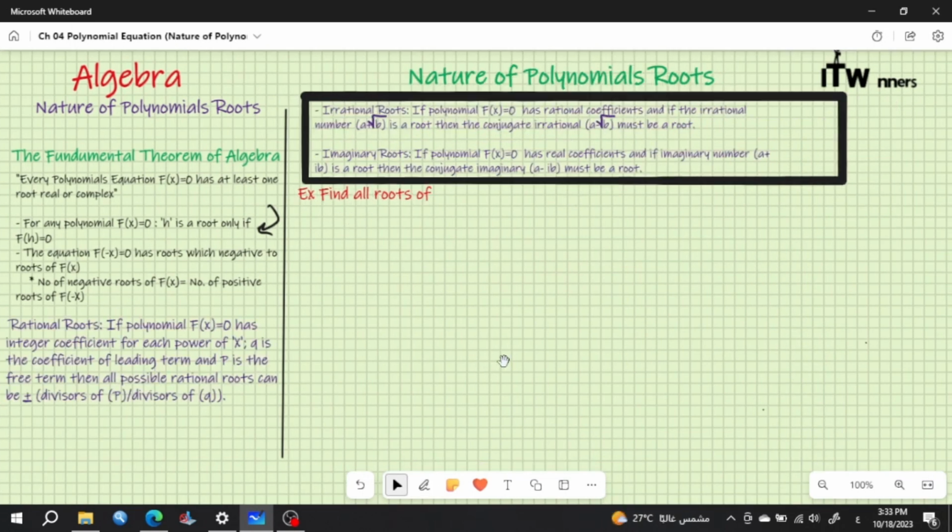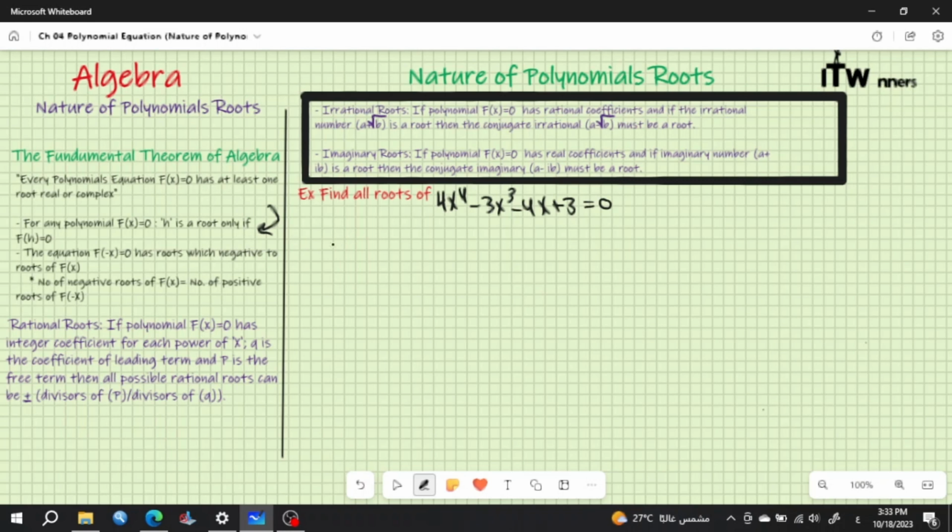Now let's find all roots of 4x to the power 4 minus 3x cubed minus 4x plus 3 equal to 0.